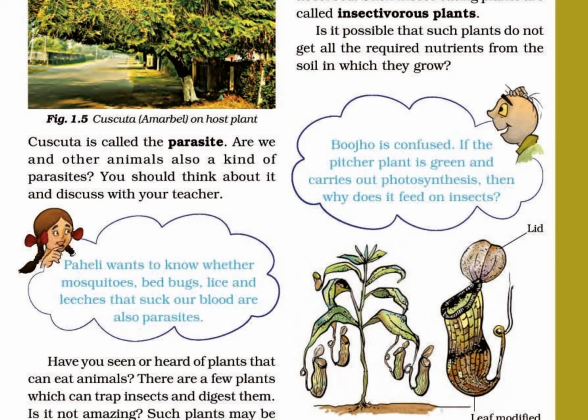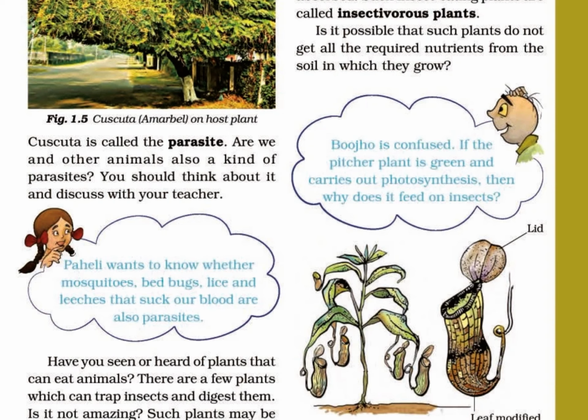The pitcher plant grows in black soil in certain climate conditions. So it can perform photosynthesis, but it does not get sufficient nutrients, so it feeds on insects for the same.